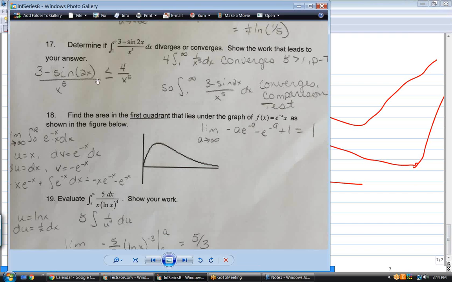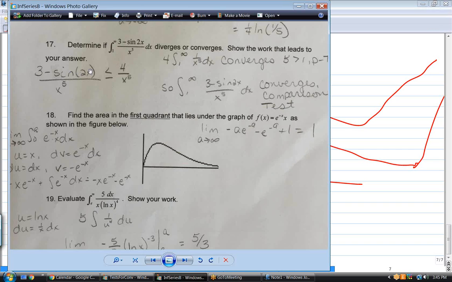Okay. In this case, we're going to use the comparison to prove that it converges or diverges. And the comparison function she uses is 4 over x to the 5th. Now, you see why that's used?